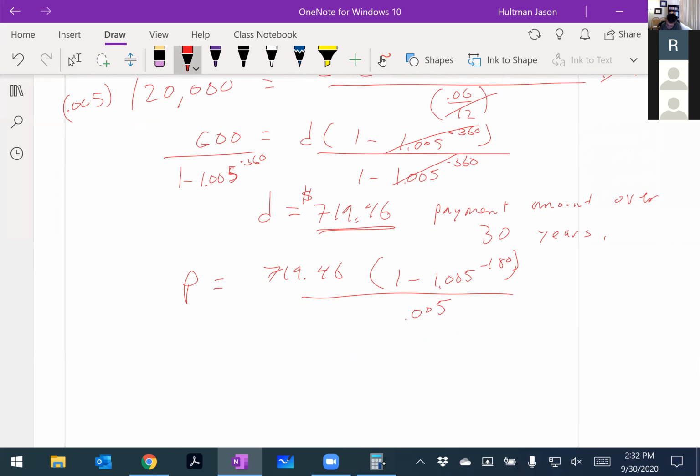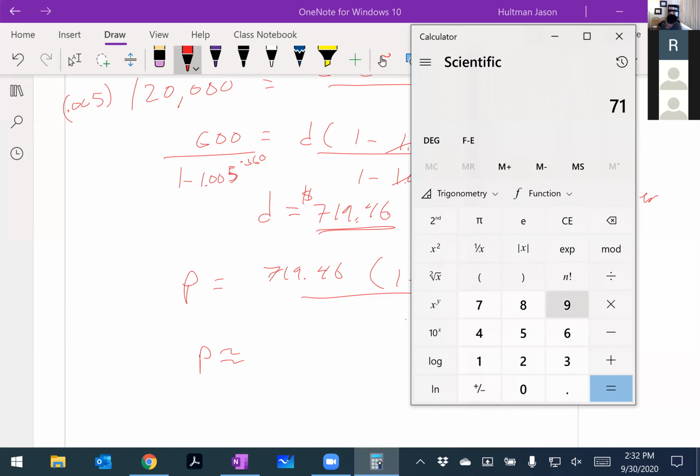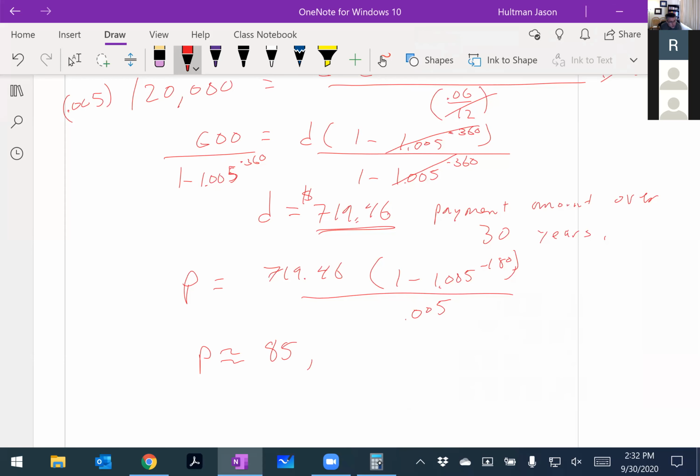So plug that into a calculator. 719.46 times 1 minus 1.005 raised to the negative 180th power, so that's 15 years of payments, divided by 0.005, and it's 85,258.54.